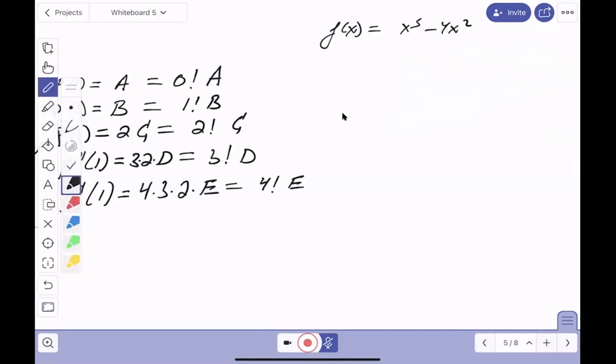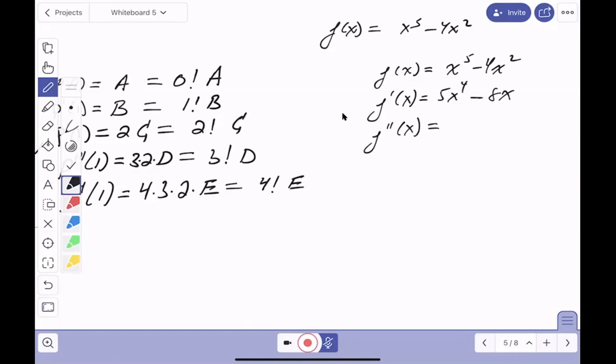I got derivatives in my head. I should concentrate though, right? f prime is 5x to the 4th minus 8x. f double prime, what would that give me? 20x cubed minus 8. f triple prime would equal 60x squared. f4 would equal 120x.